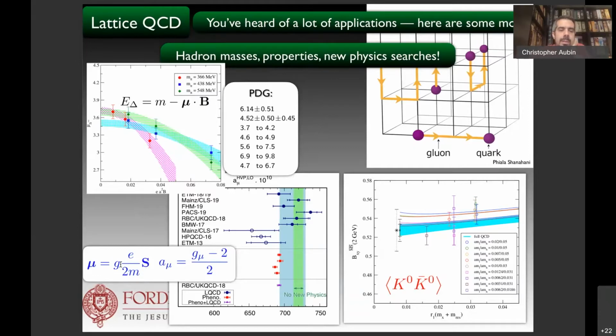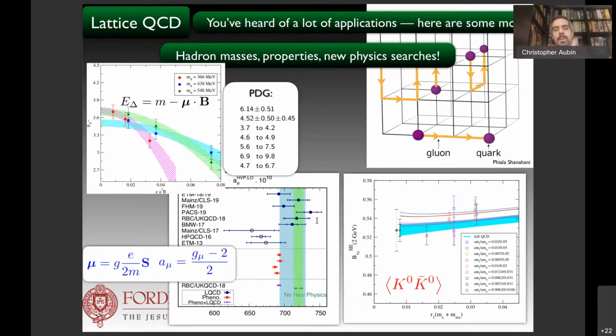So we're looking at this g value here. And this green vertical band is the experimental number with its uncertainties. That's currently as of the latest Brookhaven results. And this is an experiment that's now running at Fermilab, which will hopefully get more precise results soon.